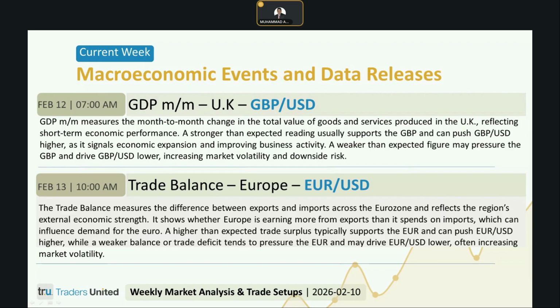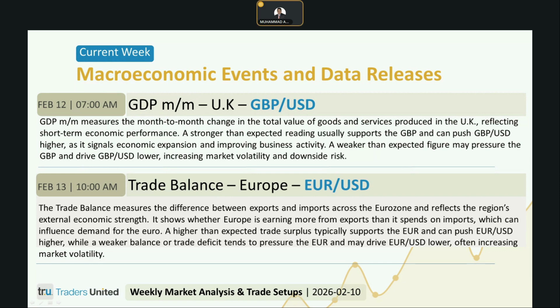If GDP month over month prints below 0.1% or turns negative, that number would raise concerns about economic stagnation or contraction. GBP may weaken as expectations for accommodative policy increase, potentially driving GBPUSD lower.